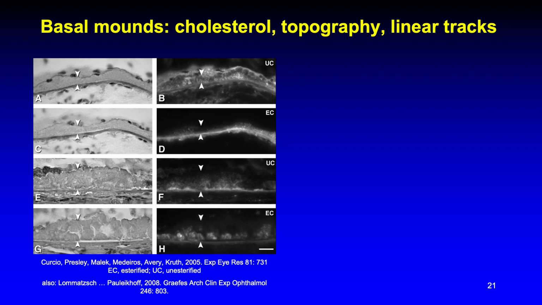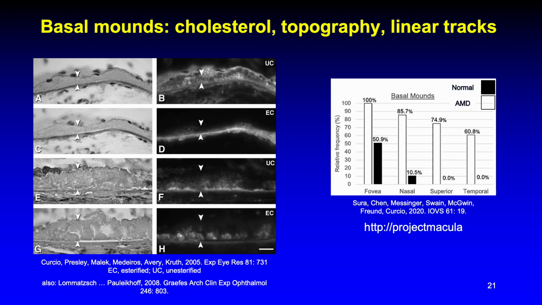Since my AMD world is drusen-centered, we used filipin histochemistry to label unesterified and esterified cholesterol in BLamD. At the left, arrowheads delimit thick BLamD with both UC and EC preferentially at the base, near the intercollagenous layer of Bruch's.